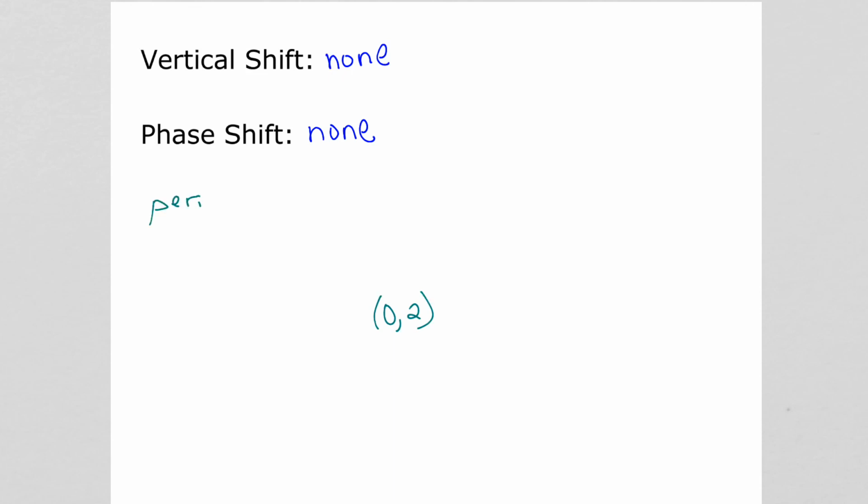Let's do our period divided by 4 so we can find our 5 key points. So our period was pi. So period divided by 4 is pi over 4. So after we've got 0, 2, then we're going to go pi over 4 to the right.